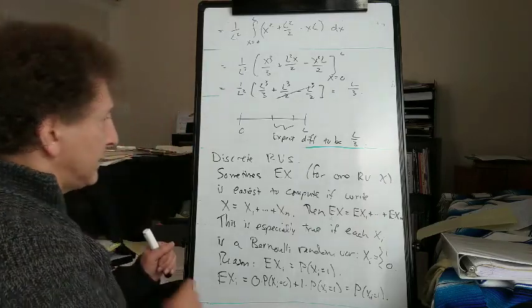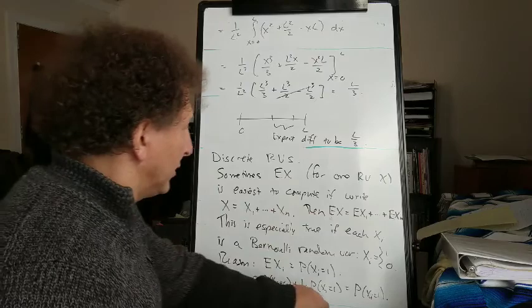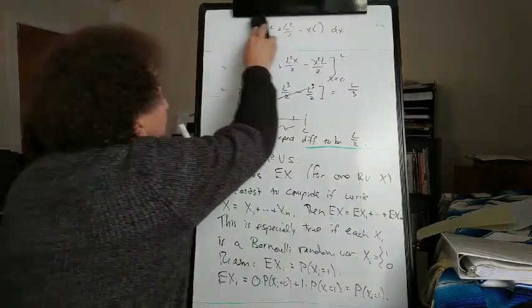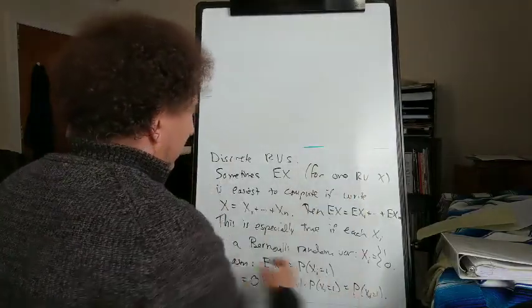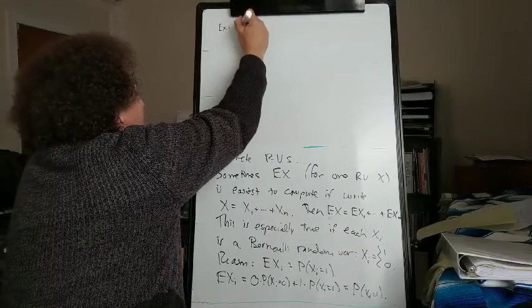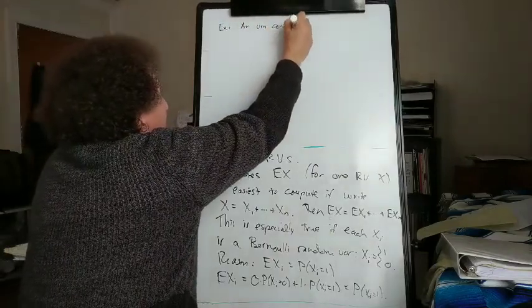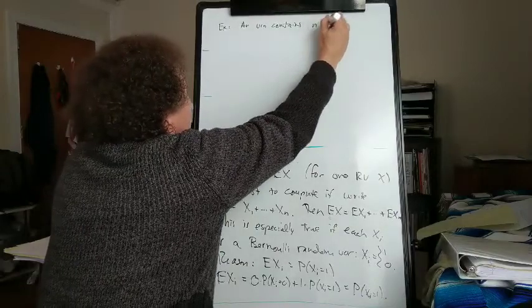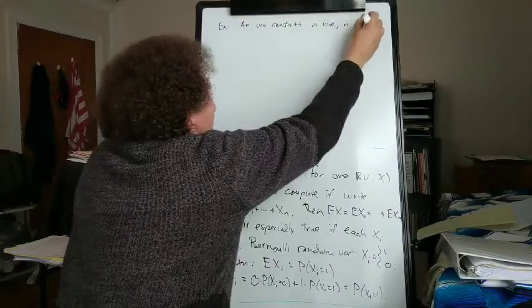All right, so let's see an example of when we can do this and it makes it easier to compute the expected value of x. So let's say we have an urn which contains n blue and n white marbles.